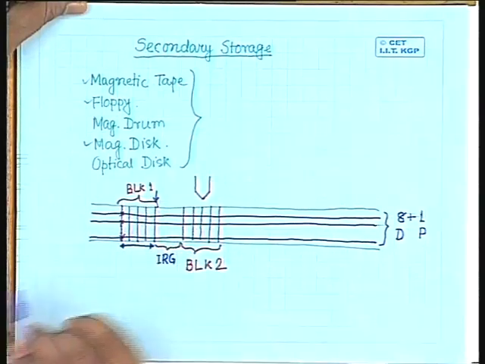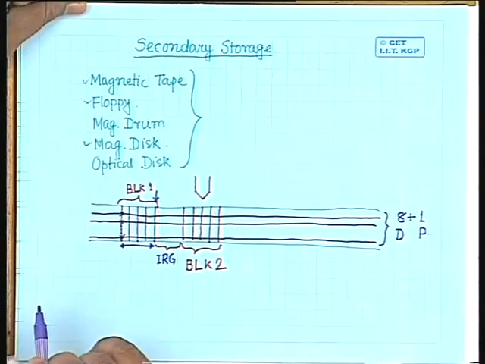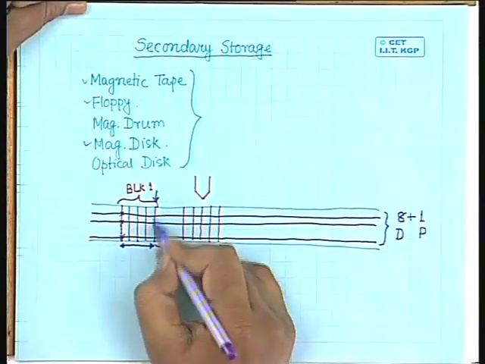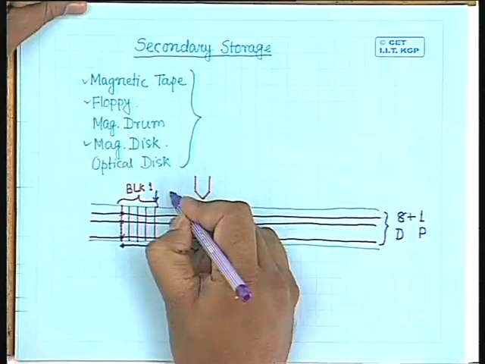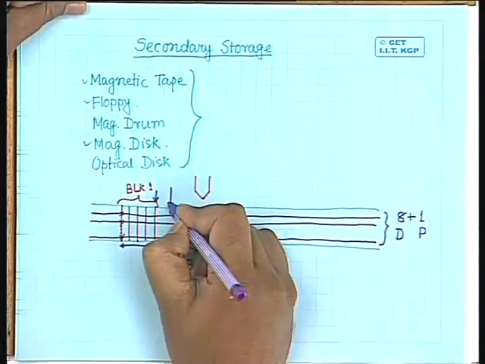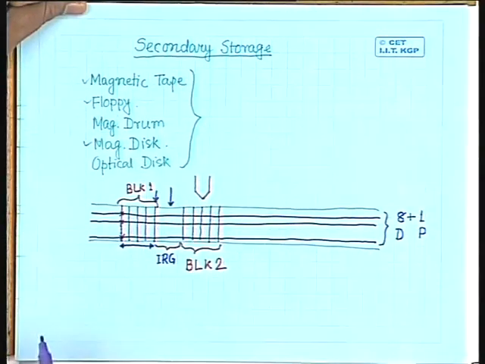Now once reading block number 1 is complete, the tape will come to a halt, and again because of inertia, it will have certain deceleration, and when the tape comes to a halt, the read-write head will be positioned somewhere here. The next request is for reading block number 2.